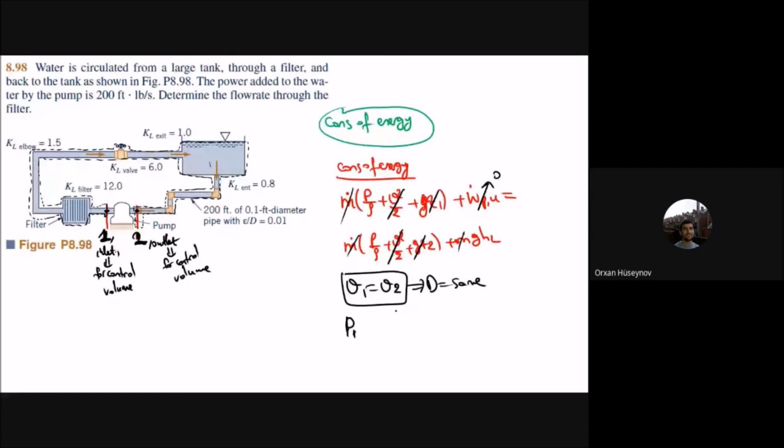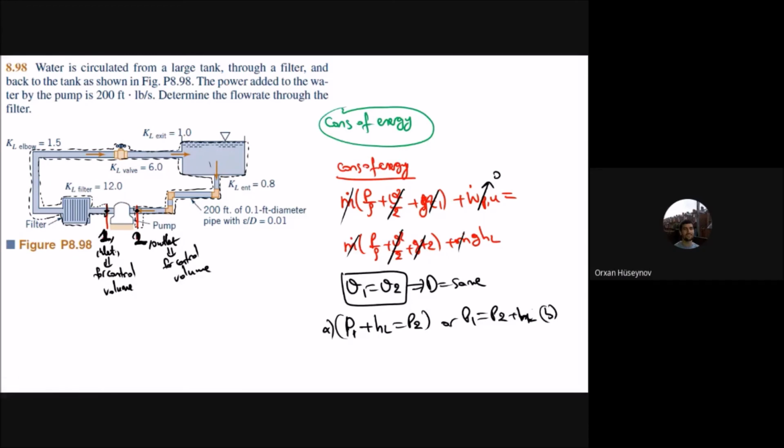Question is to you: is P1 plus HL equal to P2, or P1 equal to P2 plus HL? Okay, which one is true? P1 plus HL is P2, this one is A, or P1 is P2 plus HL, this one is B. Which one is true for this problem?